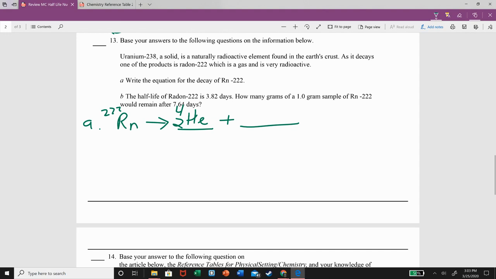Now I need to figure out what nucleus it's going to turn into. I have a top number, a bottom number, and a symbol. The top numbers have to be equal on both sides, and the bottom numbers too: the law of conservation of mass and charge.